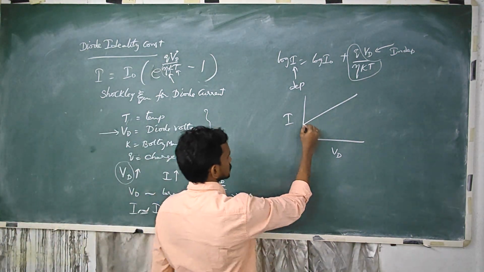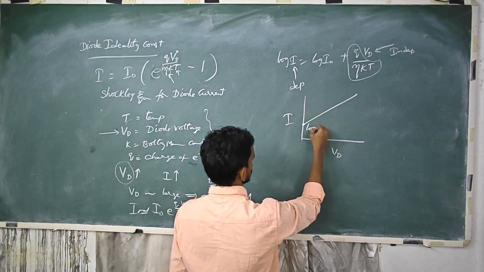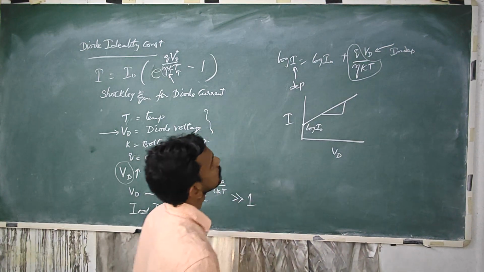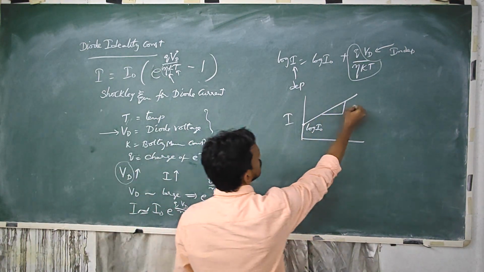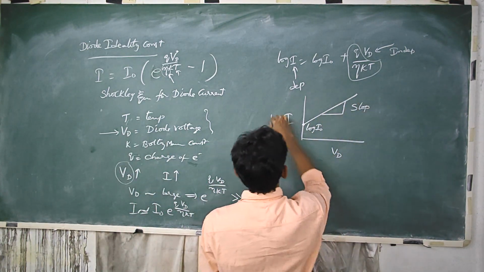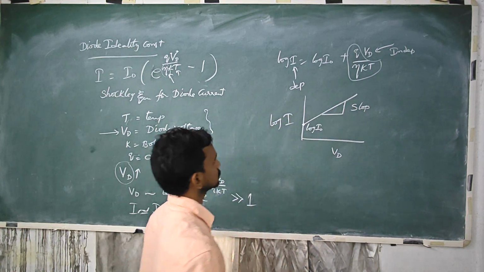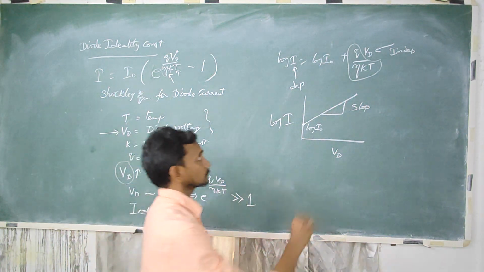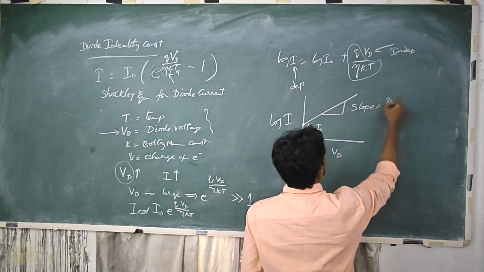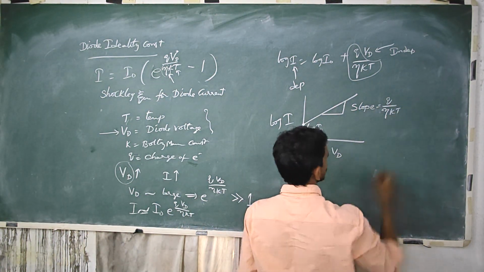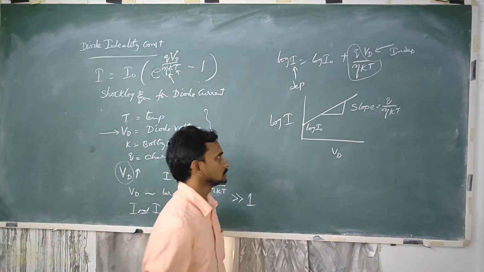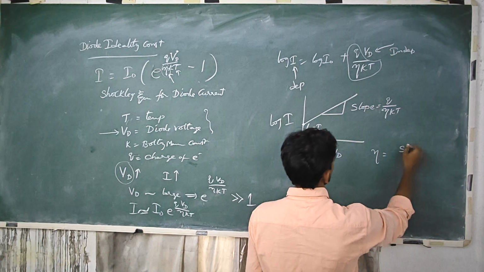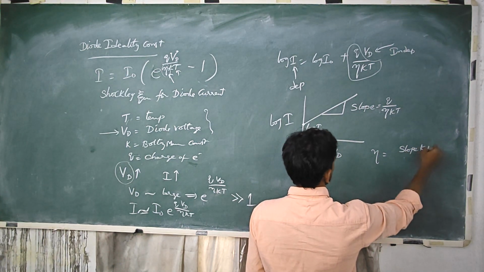So this is the log I naught, and slope is what? Slope is equal to q by eta kT. So in other words, ideality constant eta is equal to slope times kT by q.